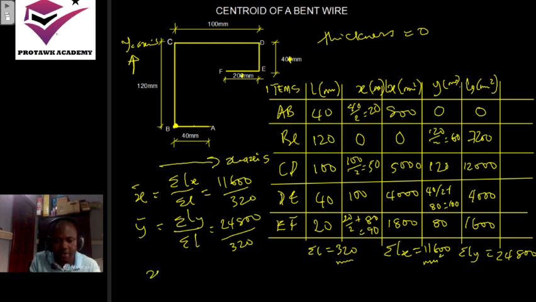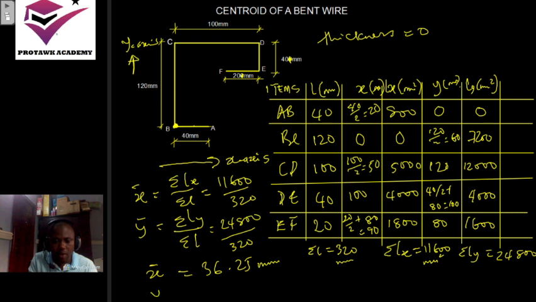So our x bar is equal to 11,600 divided by 320, which is 36.25 millimeter.